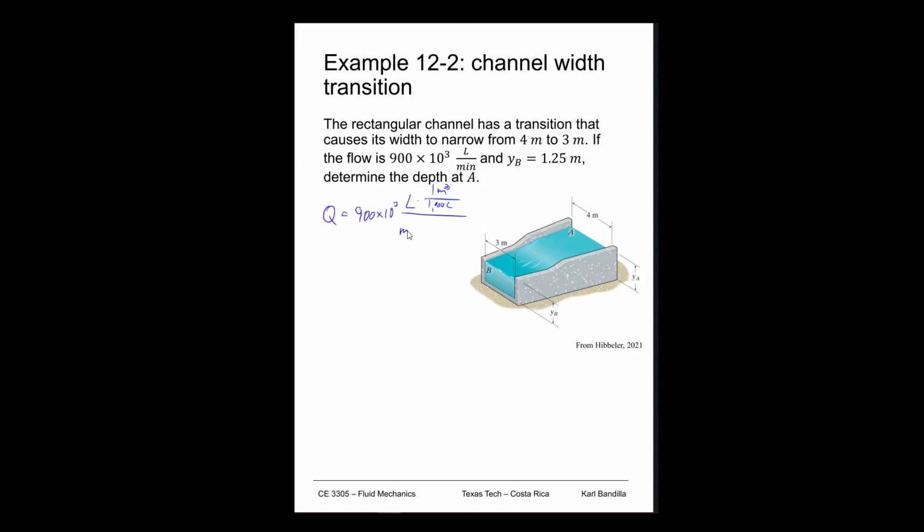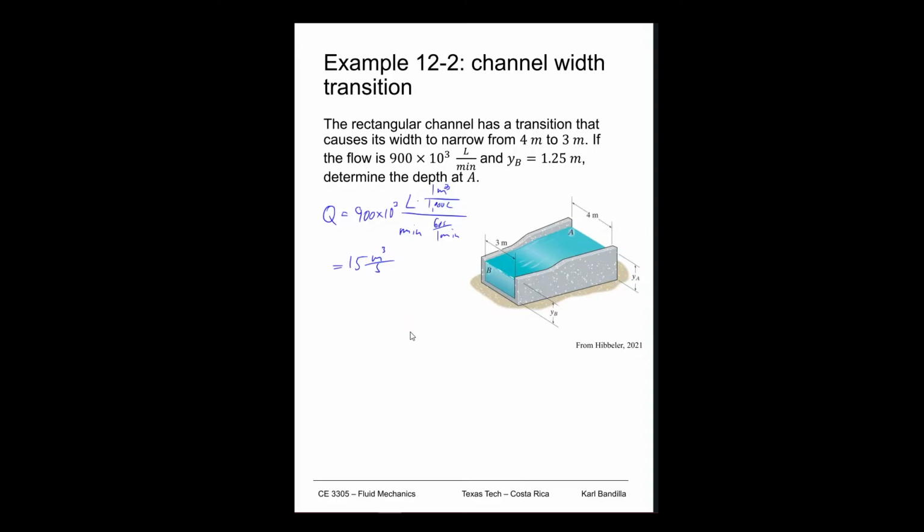And the other one is minutes. And of course we have 60 seconds per 1 minute, which gives us 15 cubic meters per second. That's quite a bit of flow there.